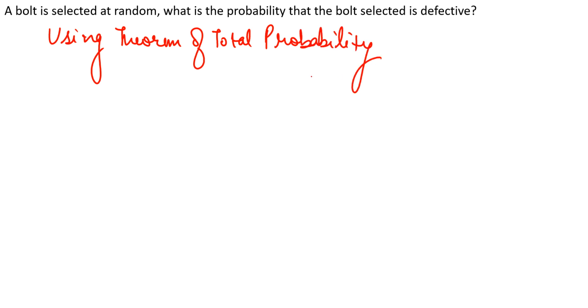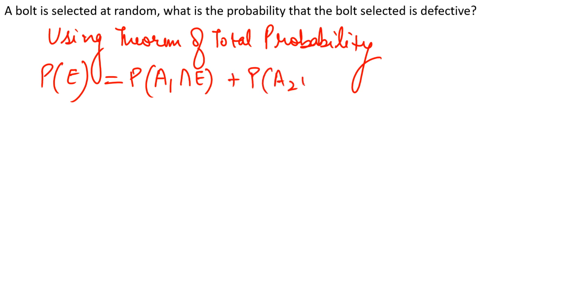Why? Because we need that a bolt is defective. We simply need the probability of event E that a bolt is defective. So in what all cases will the bolt be defective? It will be defective when it is produced by machine A and is defective, plus when it is produced by machine B and is defective, plus when it is produced by machine C and is defective. So we have already computed these formulas.